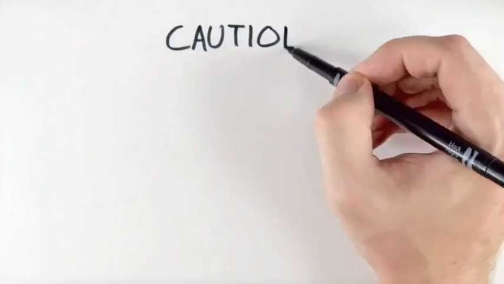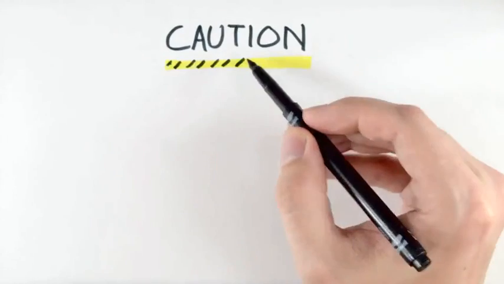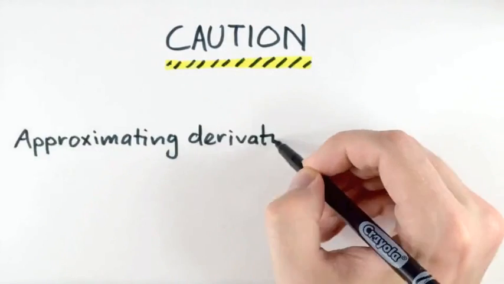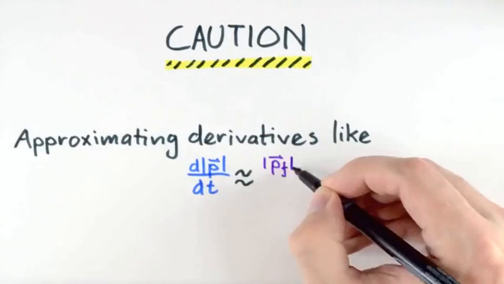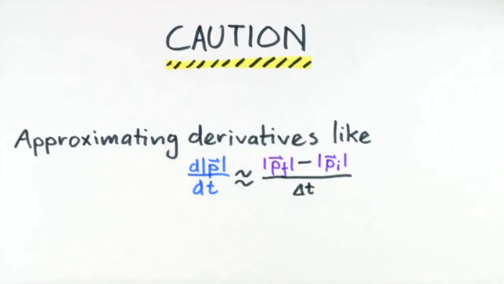We'll close with a final note of caution. In our analysis, we approximated derivatives by computing differences between quantities that are nearly the same. For example, the magnitude of the final momentum and the magnitude of the initial momentum will be close to one another for delta t small for every iteration.